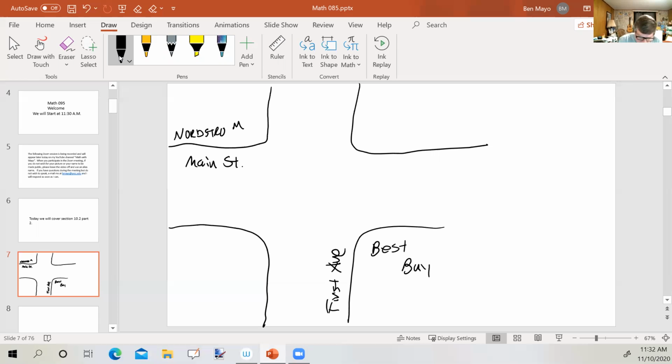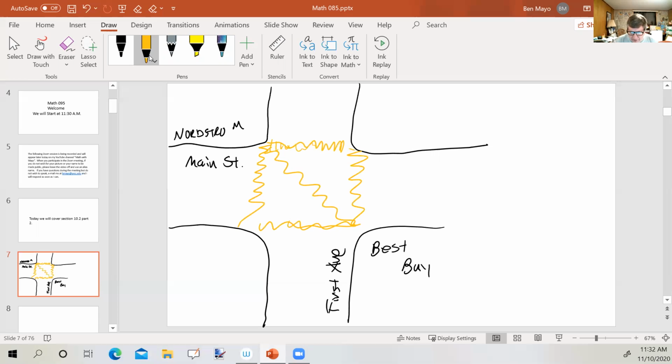Okay, and then we've got these crosswalks going here, here, here, and here, and then there's also one that's a diagonal crosswalk. So you've got an intersection, you got Nordstrom's, and then kitty corner across, you got Best Buy, Main Street, First Avenue, and then there's this series of crosswalks, including a diagonal one.